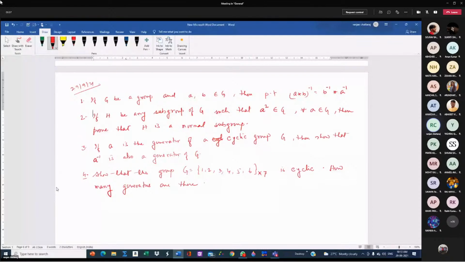Okay, solve this 4. If G be a group and A, B belong to G, then prove that this. Simple question it is. So everybody try to solve it. I will ask one by one.